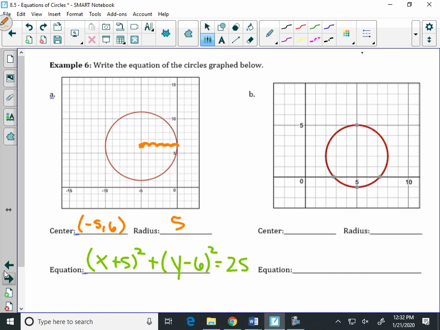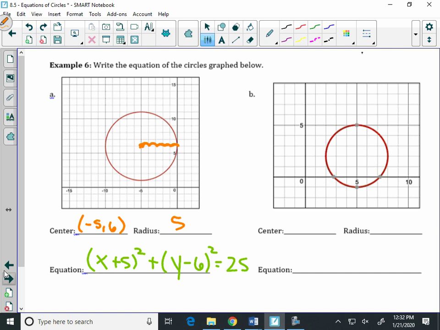If we take a look at B, our very last example, what's the problem? There is a center, they just weren't nice and they didn't give it to us. Right? But we can find it. What we have to find first is the radius. How do you think we can find the radius? We don't know what the center is.